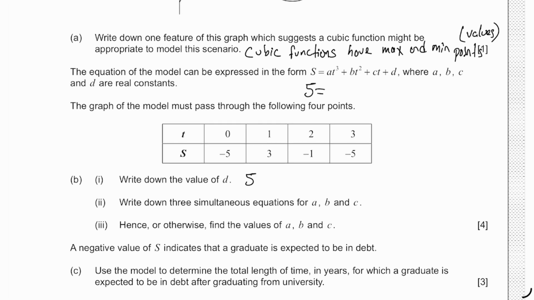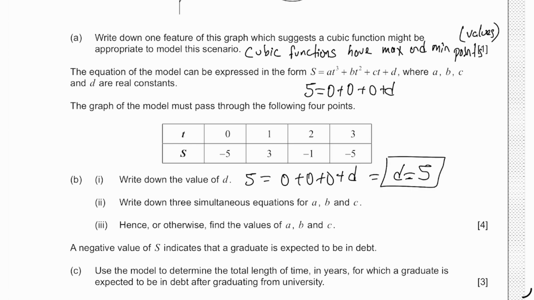Then instead of t, I'm writing 0, right? So 0t, 0, 0 plus d, right? So plus d. So what is d? D equals 5. That's it.